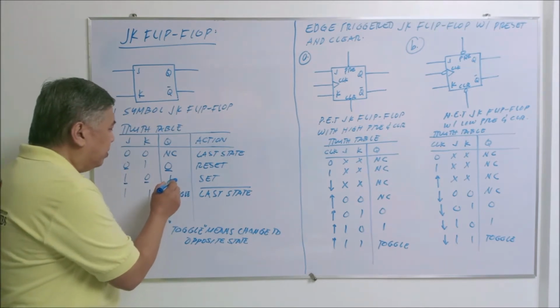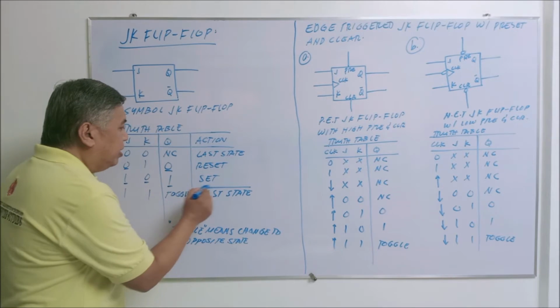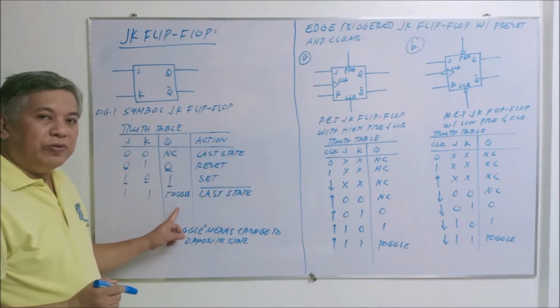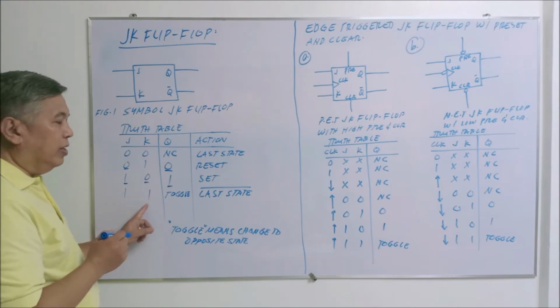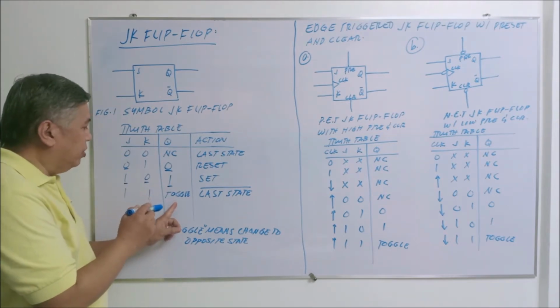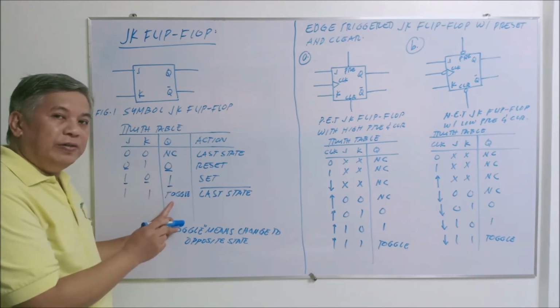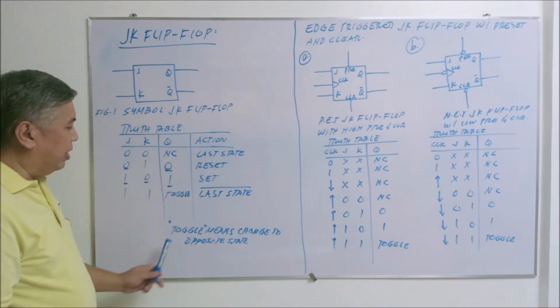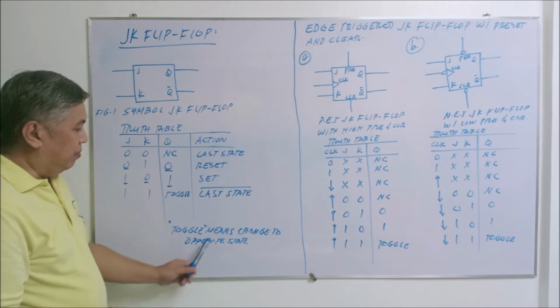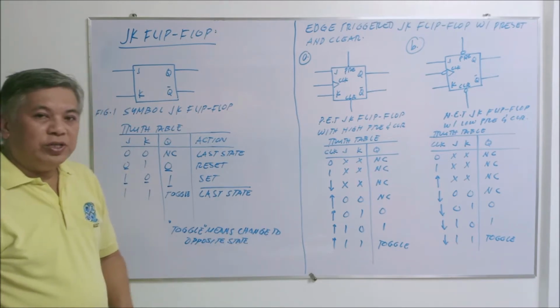Meaning to say, 1 is inverted, it becomes 0. If the last state is 0, and your input is 1, 1, then it will toggle. Meaning to say, 0 will be inverted, and it becomes 1. So that's what is meant by the word toggle. It means change to opposite state.